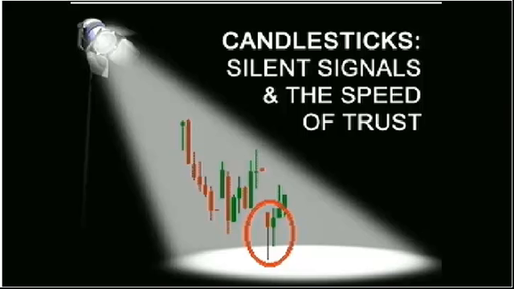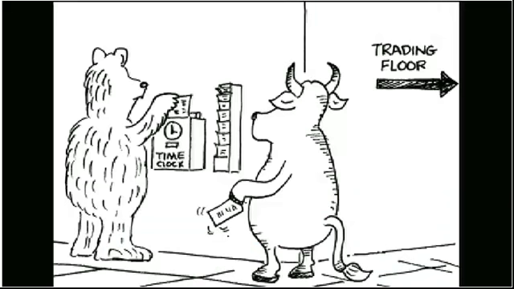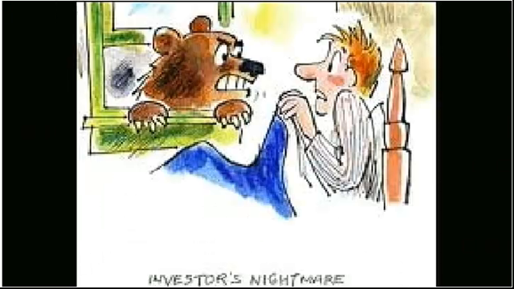80% of traders fail because they don't know when to get in or out of a market, and all because no one taught them how to read the signs. You see, the stock market has a universal language called Japanese candlesticks, and each day, the buyers and sellers, the bulls and bears, go to work and build signs. This language has been around for thousands of years, and it's easy to learn. I'm Steve Rhodes, co-host of the Money Masters Show, and I'm a master sign builder.